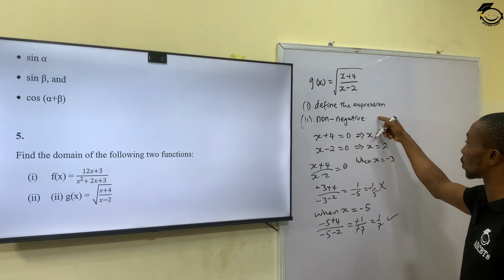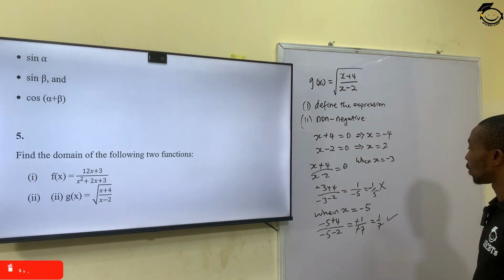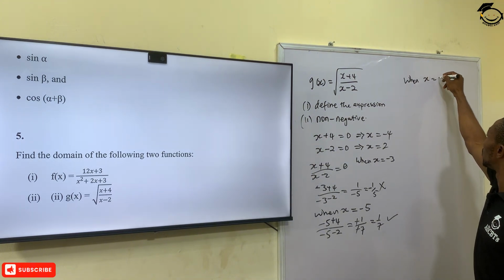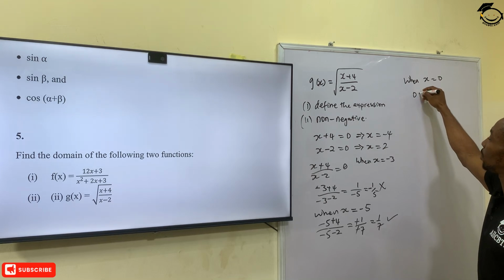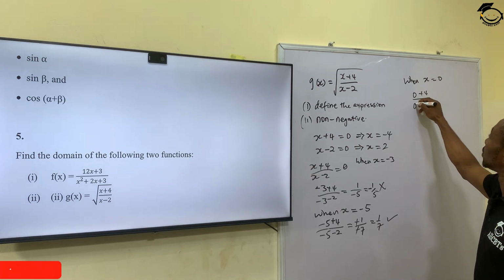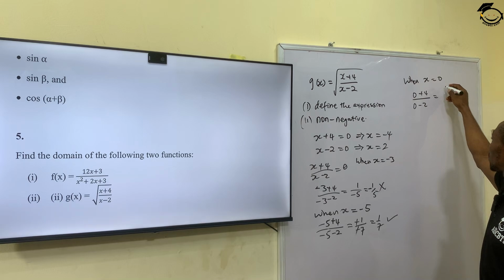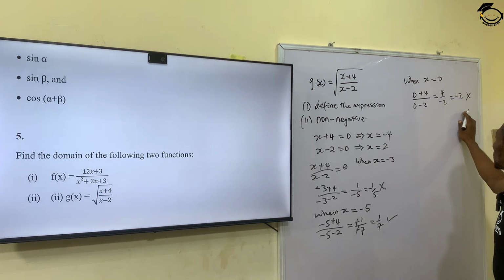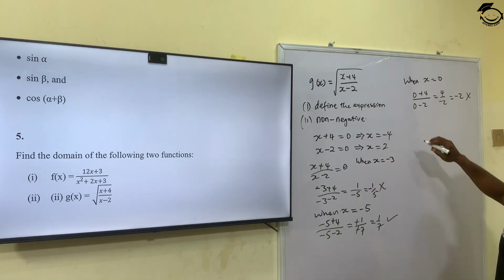It defines the expression and is non-negative. So when x is 0, 0 plus 4 all over 0 minus 2 will give us 4 over minus 2, which is minus 2. This does not satisfy our expression.